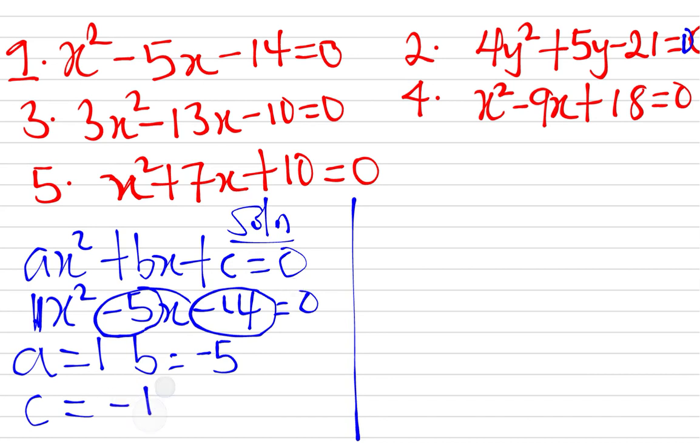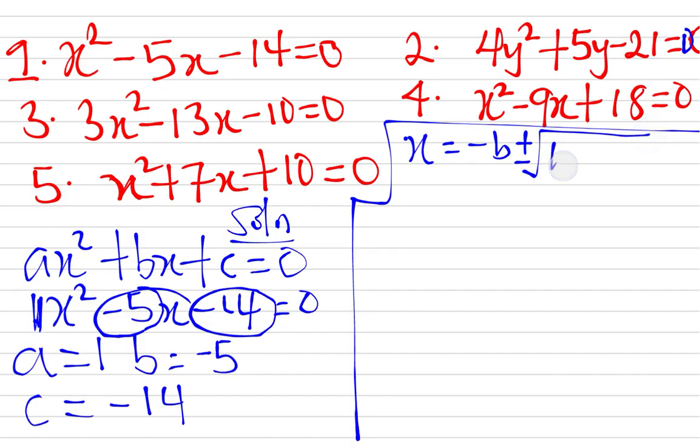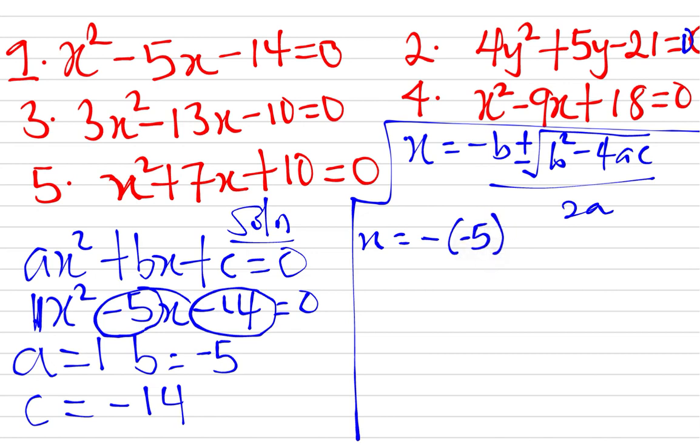So all we have to do is to input it into our formula. And what's our formula? Our formula is x equals minus b plus or minus square root of b squared minus 4ac, all over 2a. So that means our x is now going to be minus, open bracket, our b. What's our b? Minus 5. You can see that I had to open a bracket to put it, because if I do not do that I will get a wrong answer.